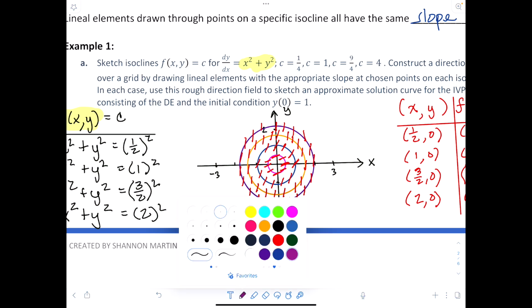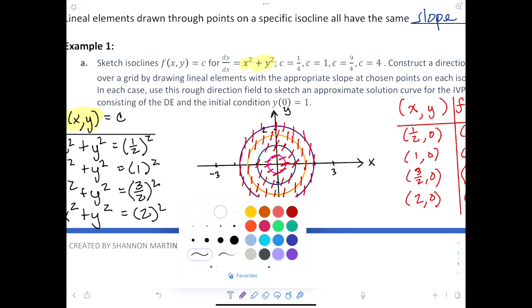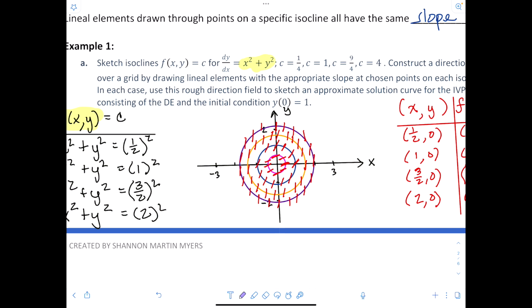Awesome, awesome. So then when I take a look at these fields, if we want to draw in our graph, I'll make it a little thicker. So here we had an initial condition of y at 0 is 1. So we want it to go through the ordered pair 0, 1, right?